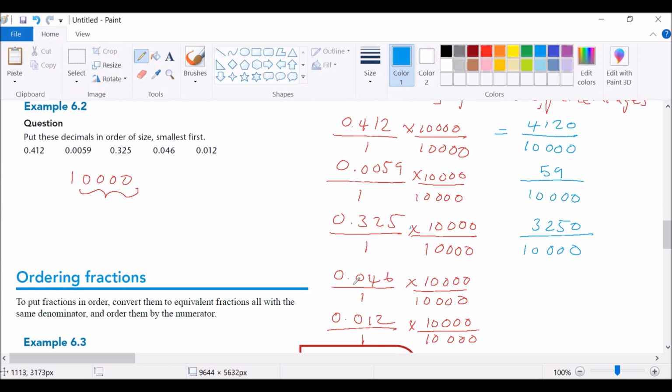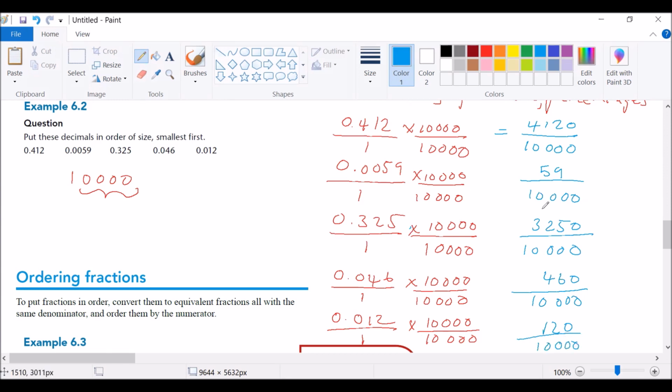Here we have to move 1, 2, 3, 4. So we add a 0 to get 460 over 10,000. And there, 1, 2, 3, 4. We have to add a 0 to get 120 over 10,000.